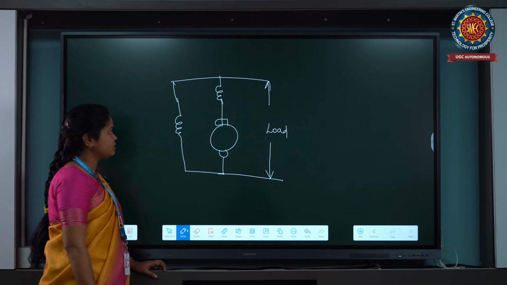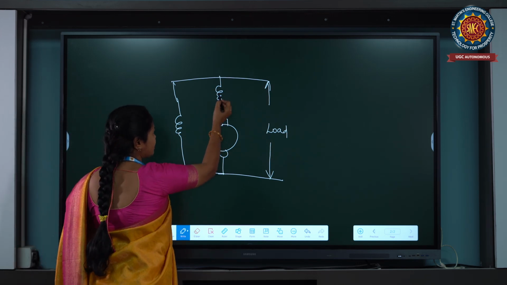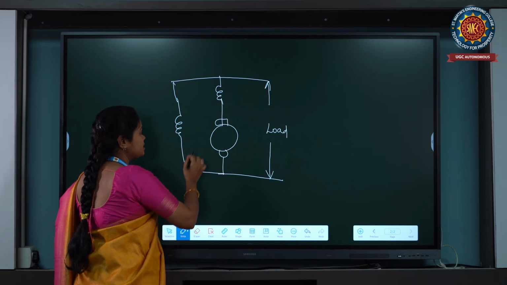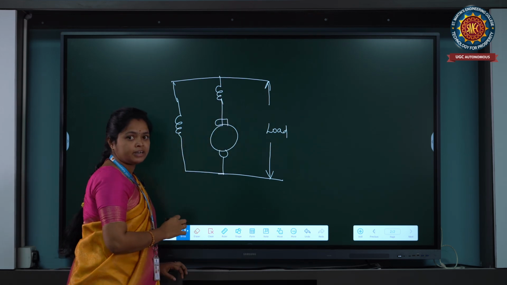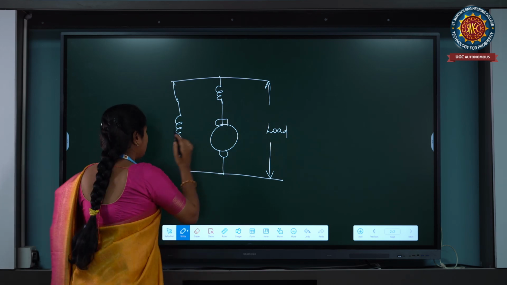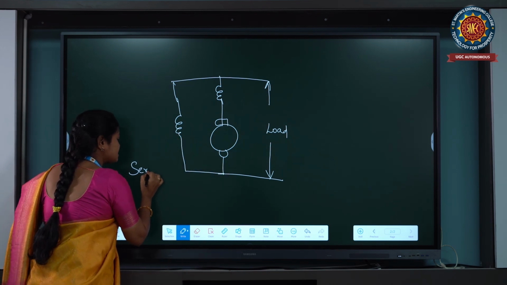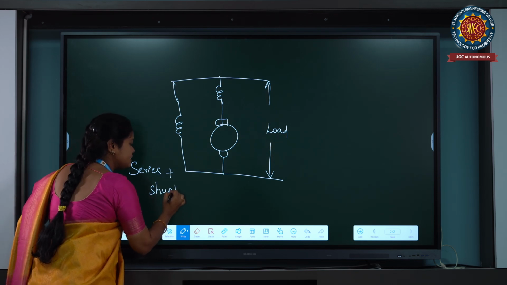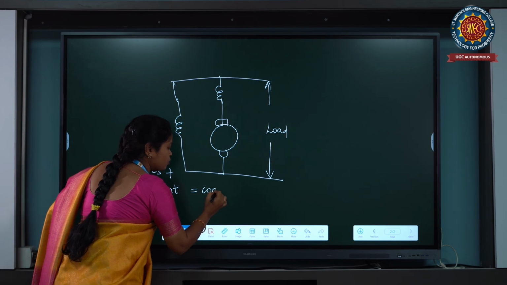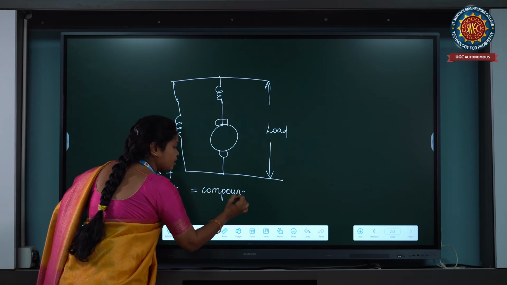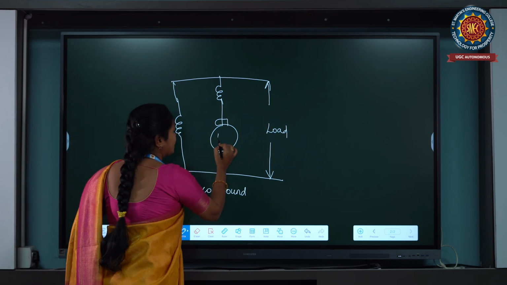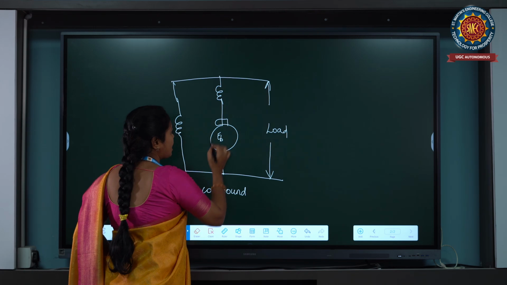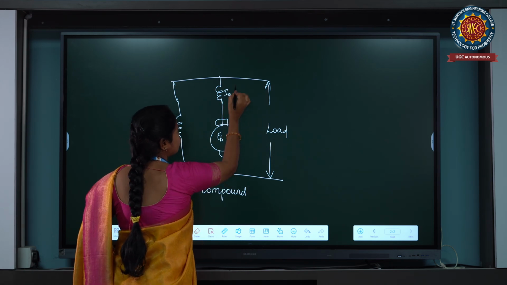In long shunt motors, the series field winding is connected to the armature, and the shunt field winding is connected parallel to the armature winding. This combination of series plus shunt is called a compound motor. In the compound motor, the EMF generated is EB, and here the IA current is flowing.